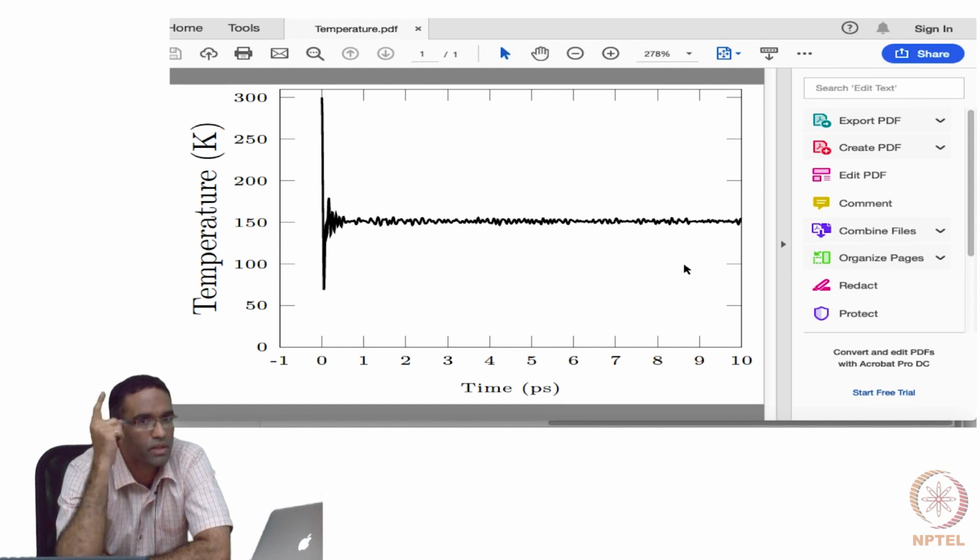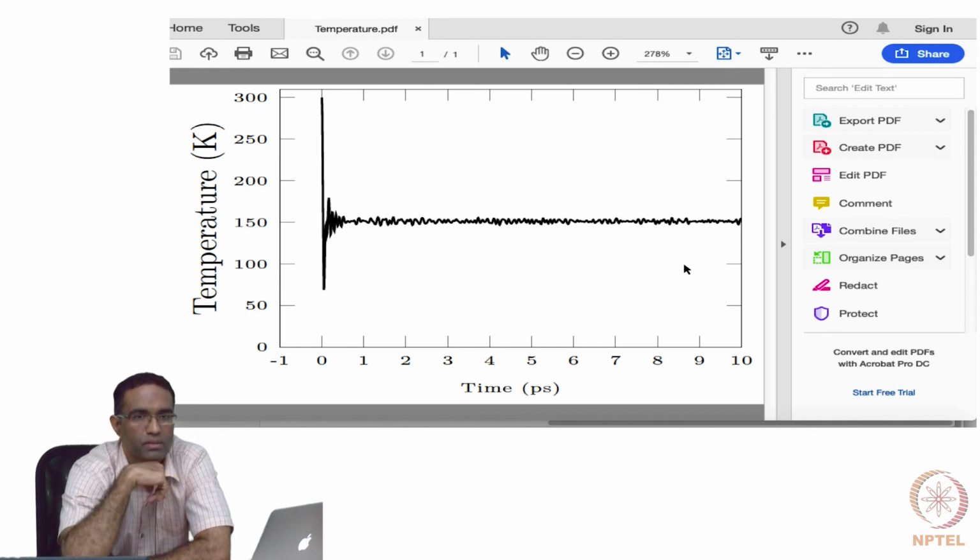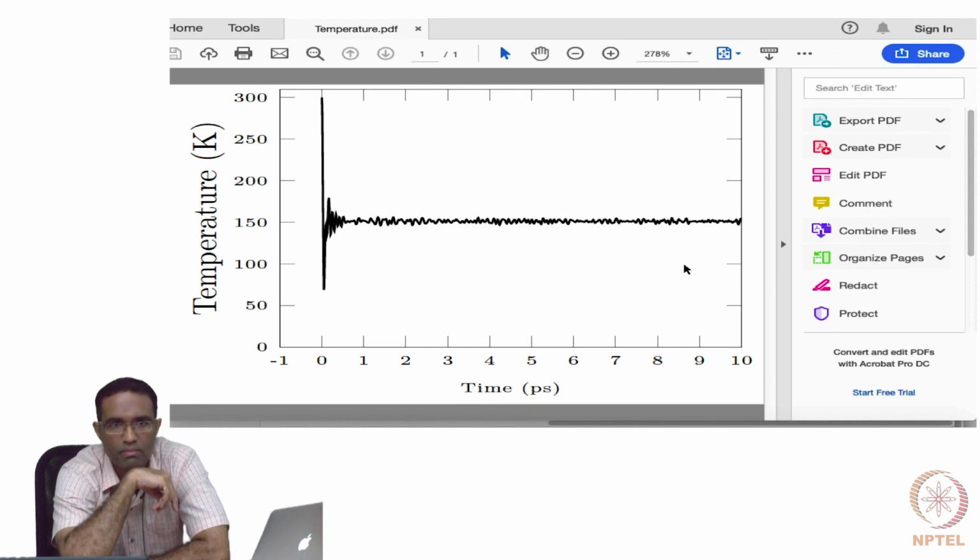You initialize the temperature at 300 Kelvin, so the first point is at 300 Kelvin, right? But as the simulation began to evolve, you started reaching some other temperature, and it happens to be close to half of what you started off with, right?